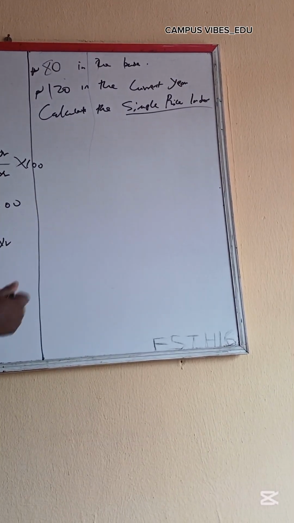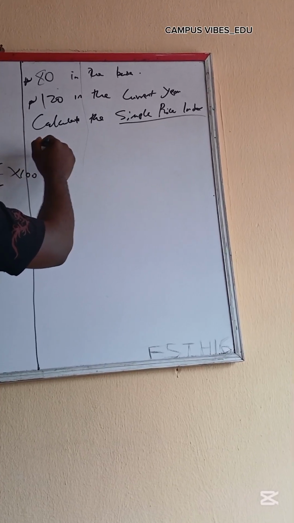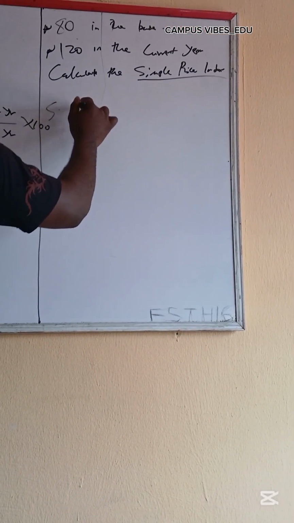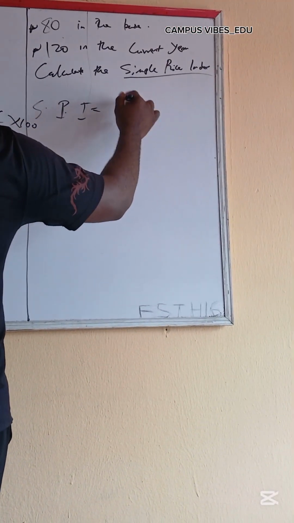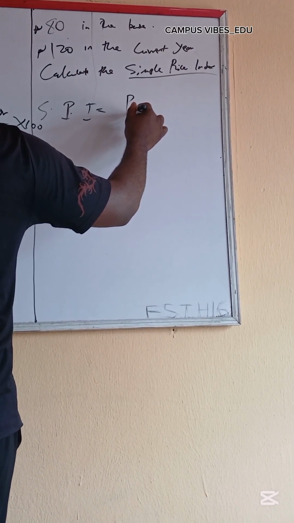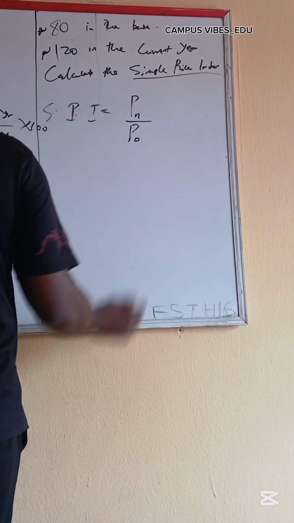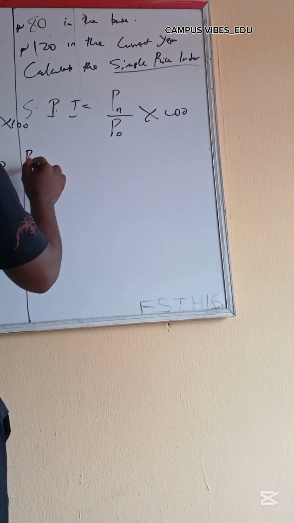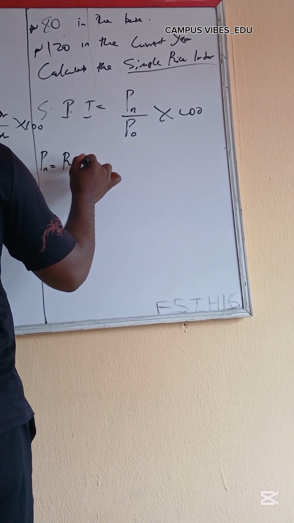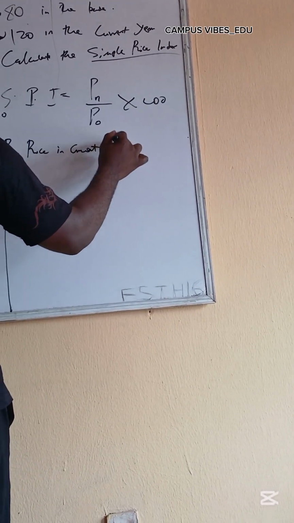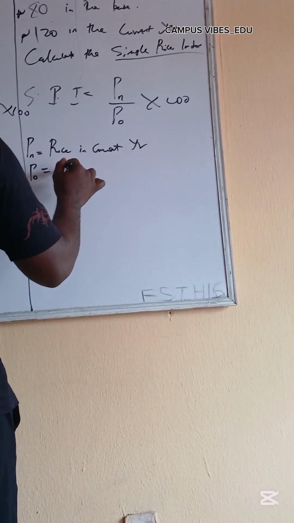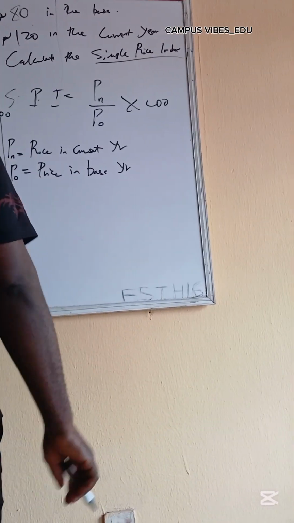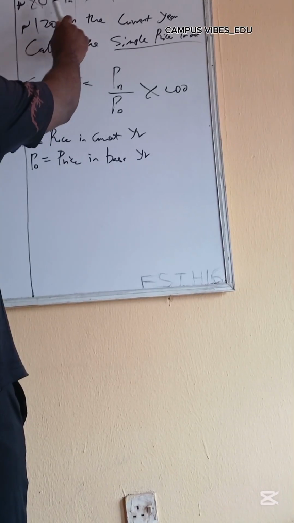So the formula for the simple price index is Pn over P0 times 100, where Pn is the price in current year, and P0 is the price in base year. The base price is 80 naira.